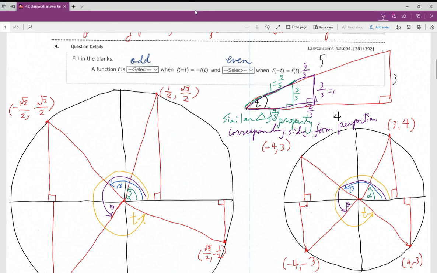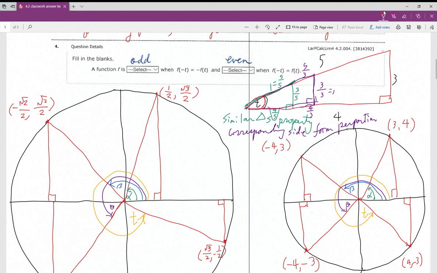So for example, if you have 3, 4, 5 for the big triangle, then for the green triangle, let me choose the right color. If you choose the same angle t, it means you try to build the same triangle, just bigger or smaller, corresponding to the same angle t.